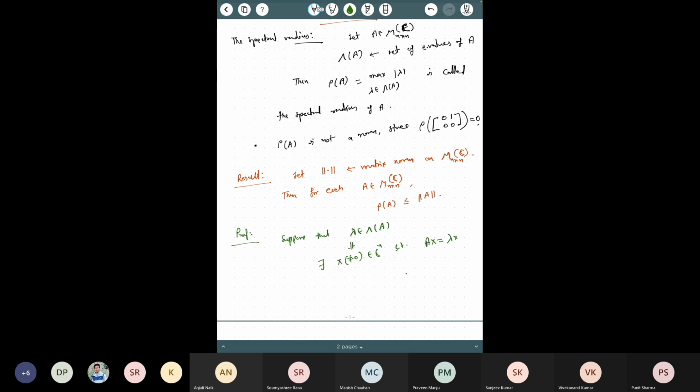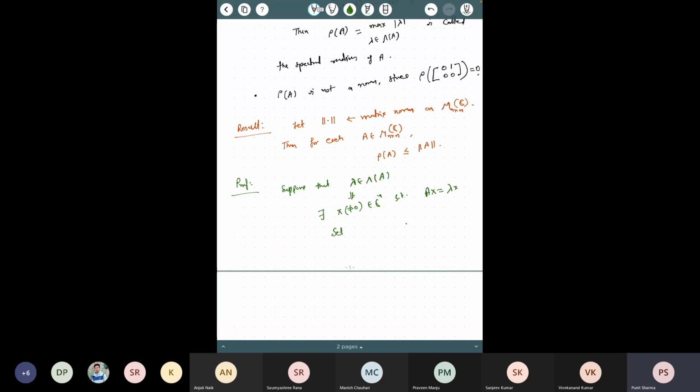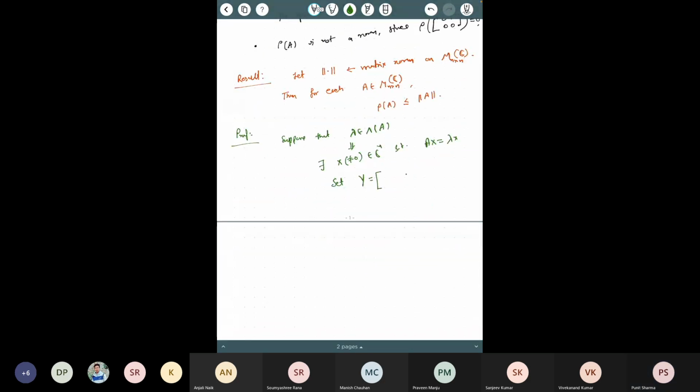Now what I can do here is construct a matrix, let me call it Y. This Y is an n cross n matrix where each column is equal to this x. Now look at what this is.